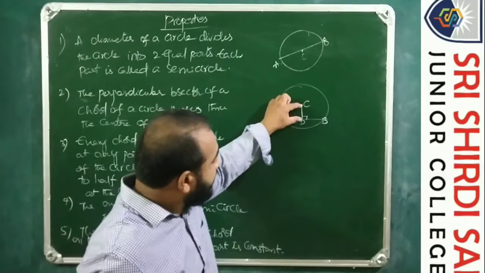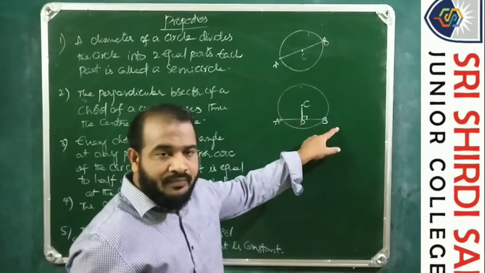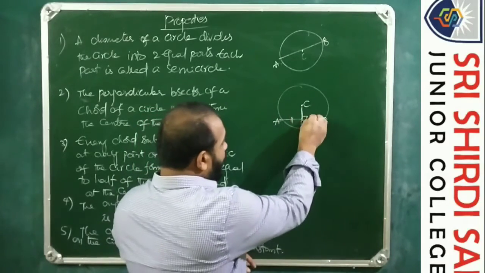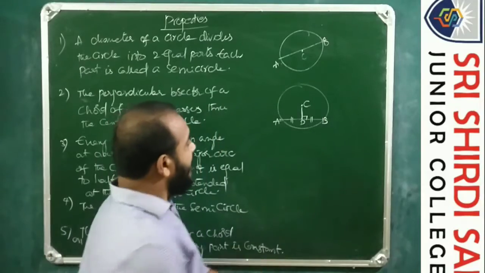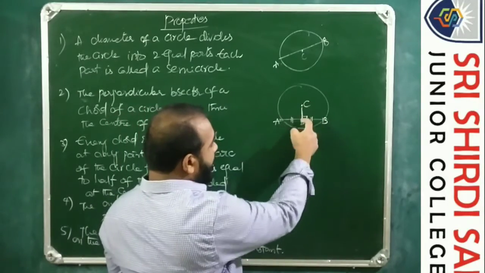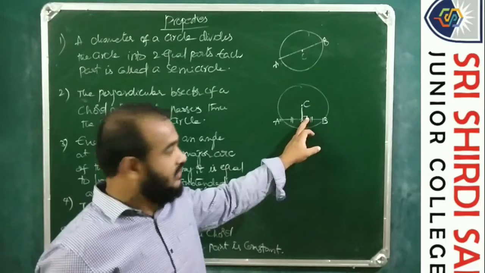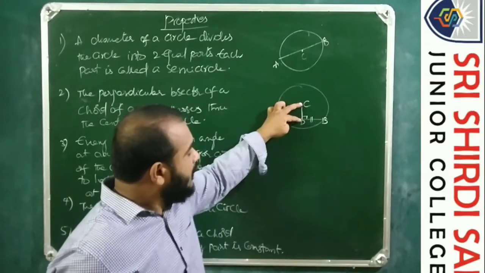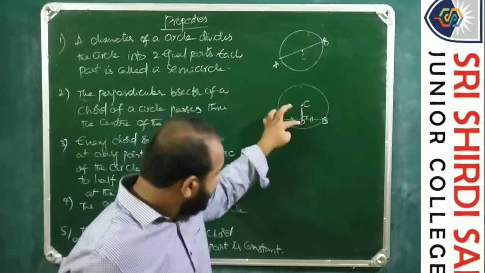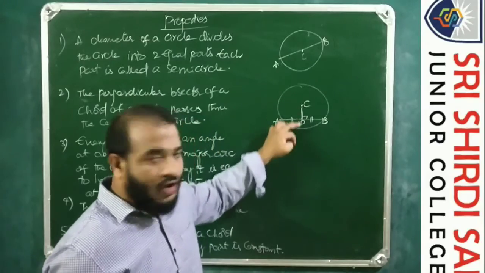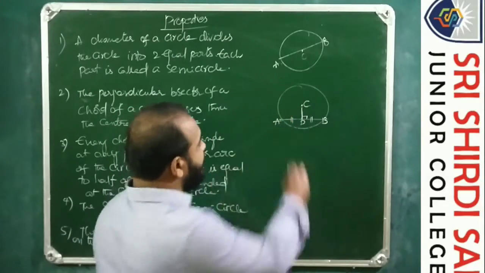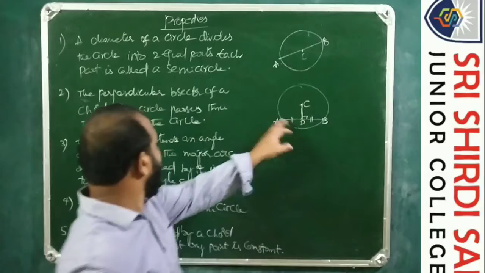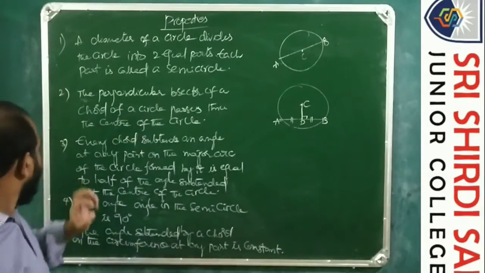Therefore, CD bisects AB into two equal parts, and angle CDB or angle CDA is equal to 90 degrees. Therefore, CD is the perpendicular bisector, and the perpendicular bisector of this chord always passes through the center of the circle. That's what this property says.